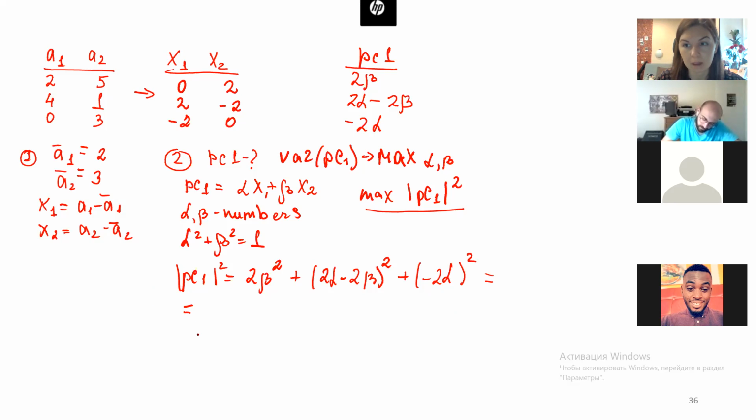So it will be like the variance, the highest variance of this direction with these alpha and beta coefficients.